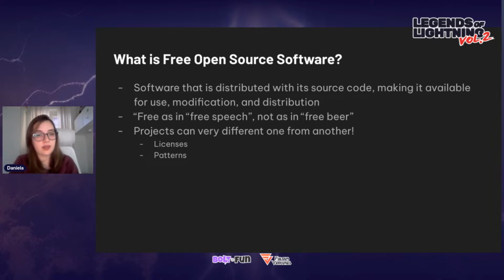There are other licenses that are much less permissive: maybe you can take a piece of code and modify it, but you need to cite the author. Some licenses tell you, you want to use this piece of code, cool, you can, but you also need to open source your own code. So projects are very different, and for this exact reason, finding a definition for open source is so tough.